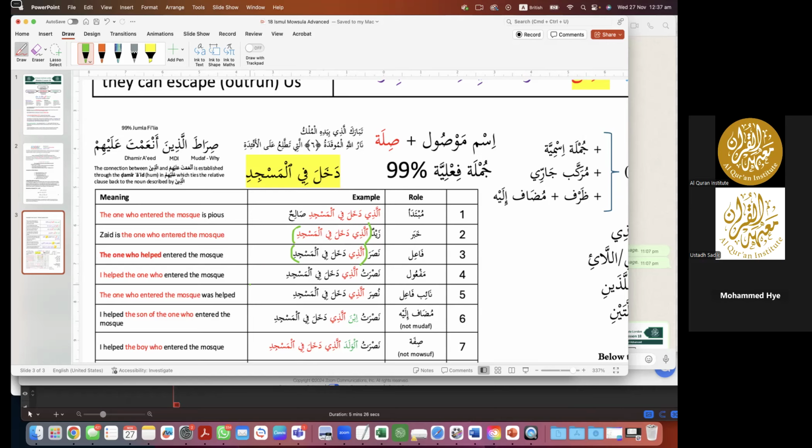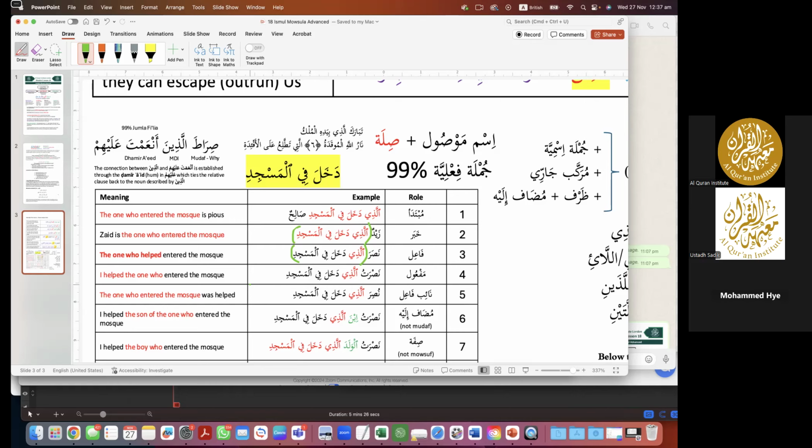Biyadihi, a few minutes ago, Sister Nada was doing. Biyadihi jar majroor. This is ism. Jumlatul ismiya. Part of Jumlatul ismiya. Tabarakalladhi. We said Silatul Mawsul, 99% would be Jumlatul filia. Biyadihil mulku is not filia. It is Jumlatul ismiya. So that is part of 0.01%.